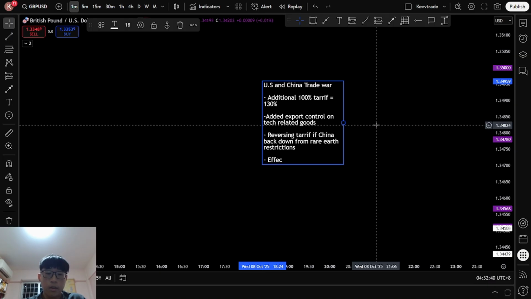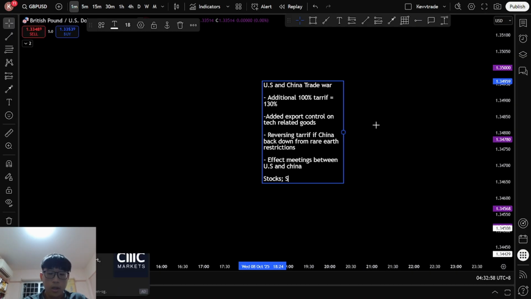So it affects meetings between the US and China. Right? So this is a total overview of what happened to the market. And you can say your stocks, the S&P 500, is down 2.7%.